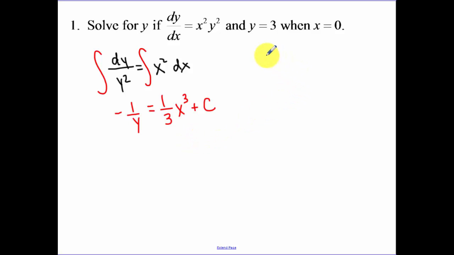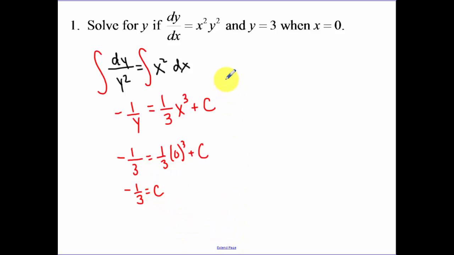Now we need to find this for when y equals 3 and x equals 0. So let's plug in. y is 3, x is 0, so I have negative 1/3 is equal to c.